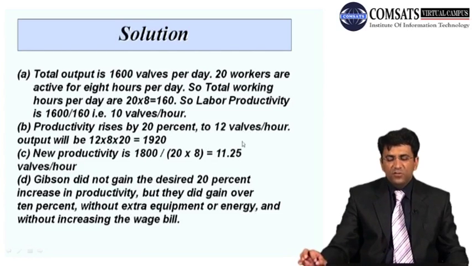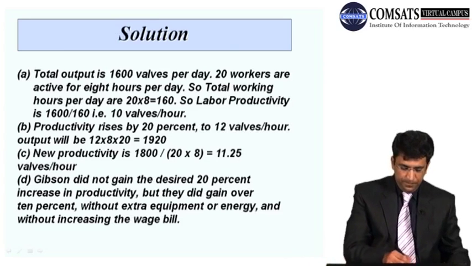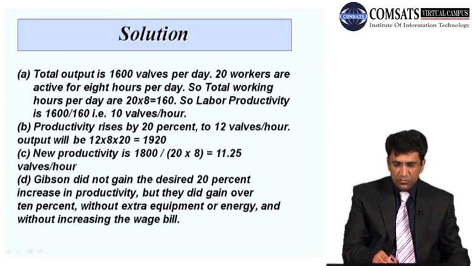So if they want to increase the productivity by 20%, the new productivity will be 12 valves per hour, and the new output we may also calculate: 12 multiplied by 8 multiplied by 20 is equal to 1920. So this is the total output. That is how we can calculate this new output.